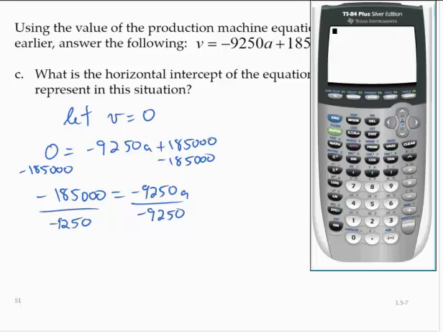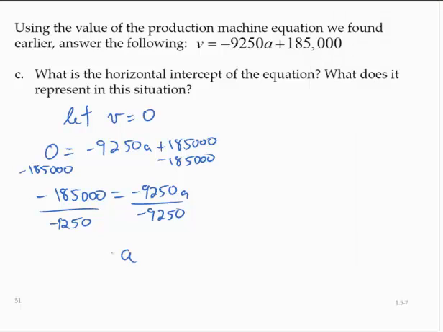Let's use the calculator for this. Let's see, negative 185,000 divided by negative 9,250. Enter, 20. A is equal to 20. So then we have the ordered pair 20, 0. So what does this tell us?